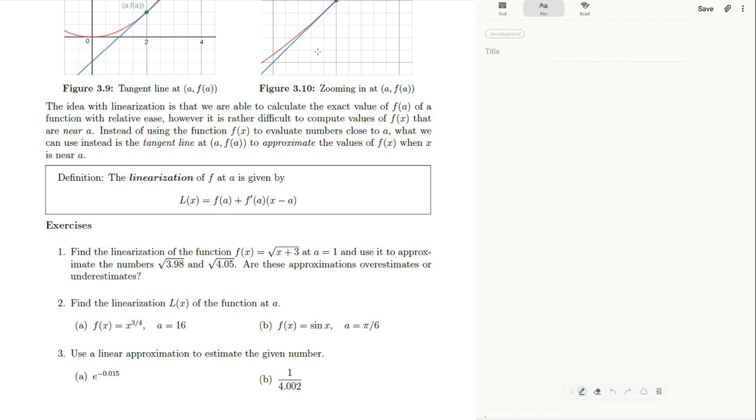So let's have a look at some examples of finding linearizations and then using them to approximate certain numbers. So let's consider the function f is equal to the square root of x plus 3. And let's find the linearization at the point where a is equal to 1.